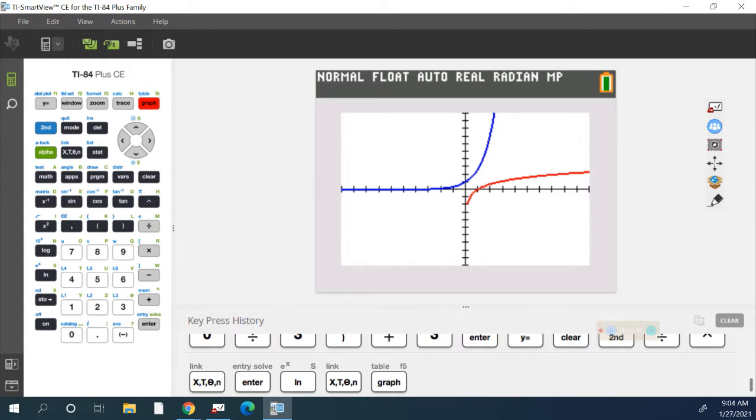And remember, they're reflected over y equals x, right? That's how we know things are inverses. If I see that reflection over this line, hence the switch x and y.